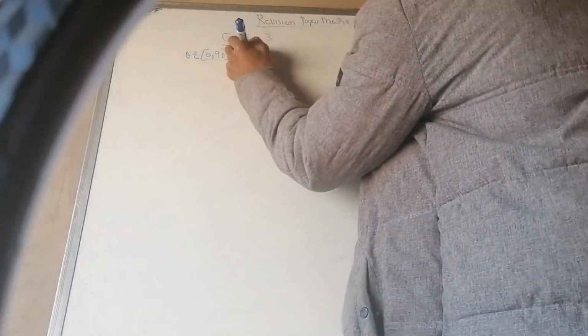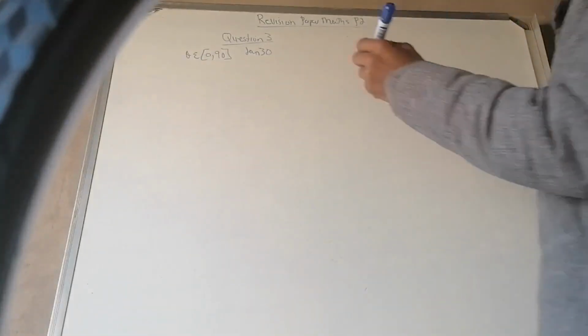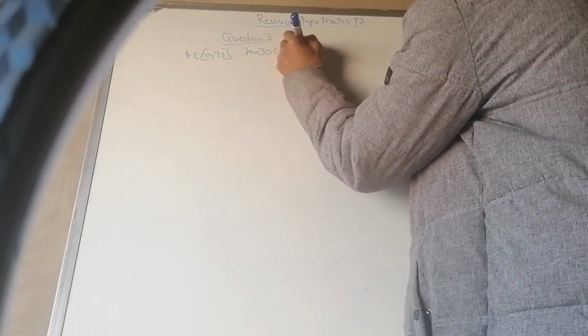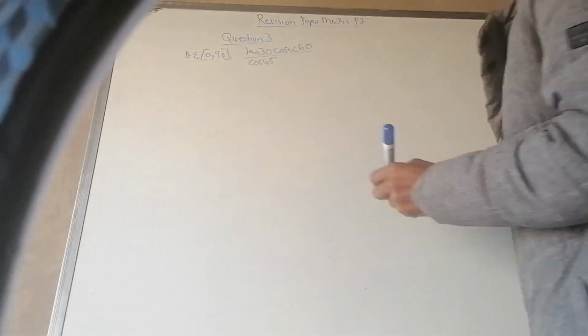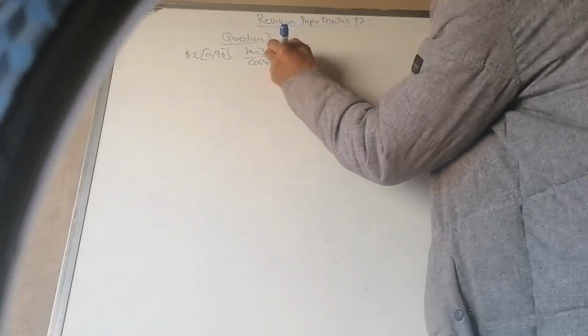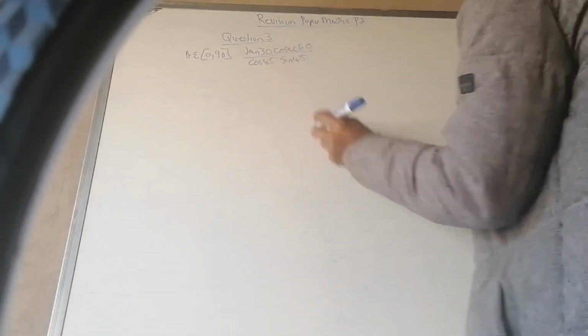We have tan of 30 times cosec of 60 divided by cos of 45 times sine of 45. I know that 30, 60, 45, 0 and 90 are the special angles. What is the tan of 30?